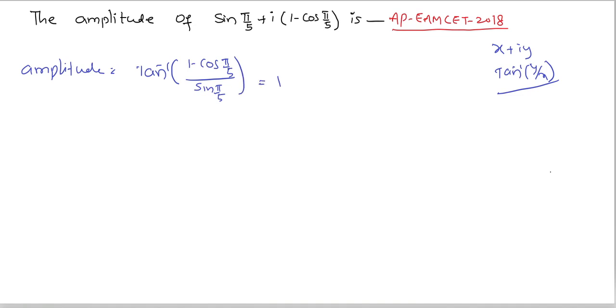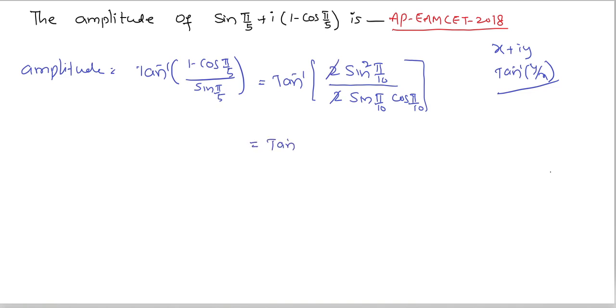It is equal to tan inverse of 1 − cos(π/5), which is 2 sin²(π/10), applying multiple angle formulas, sin(π/5) is 2 sin(π/10) cos(π/10). Here 2 cancelled, one sin(π/10) cancelled, that is equal to tan inverse of sin(π/10) by cos(π/10).